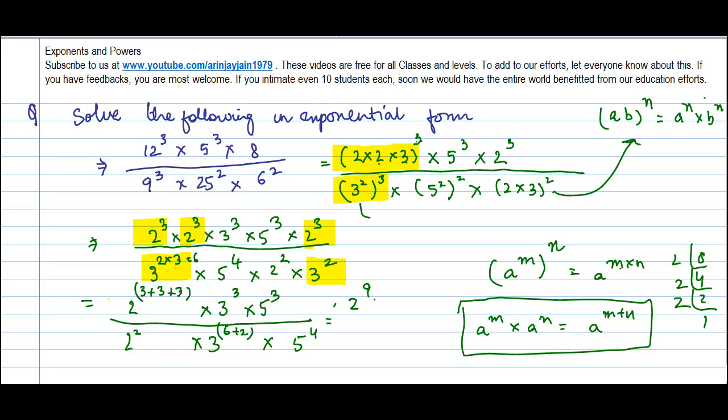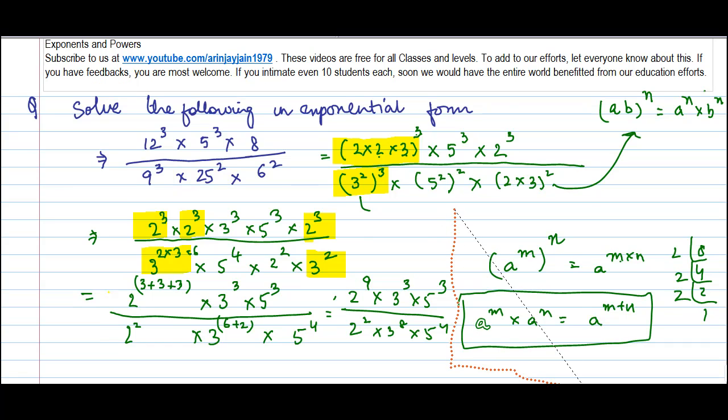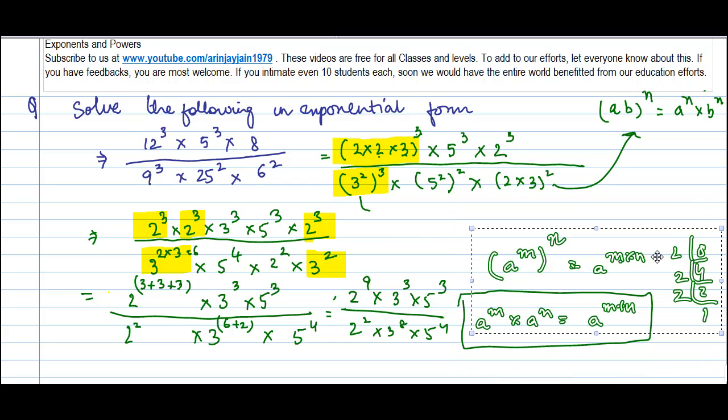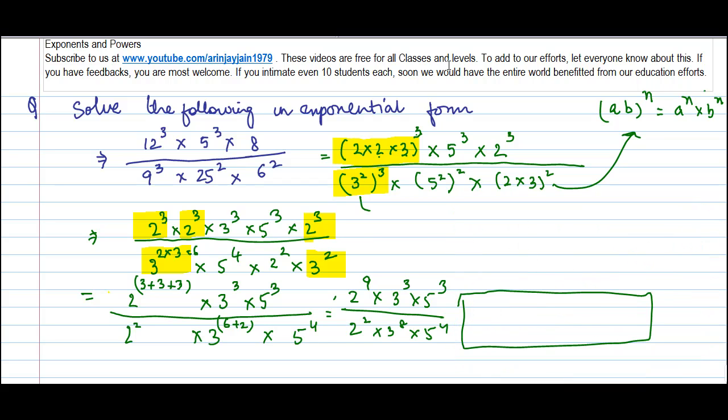So when I solve this, I get 2 to the power 9 into 3 cube into 5 cube divided by 2 square into 3 to the power 8 into 5 to the power 4. I'm running short of space, so I just remove this.